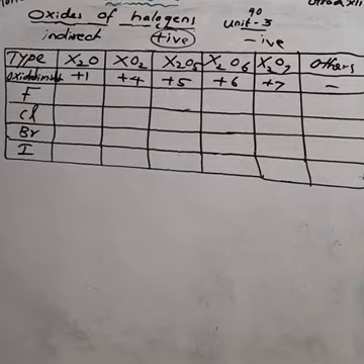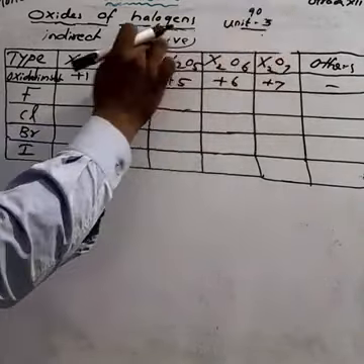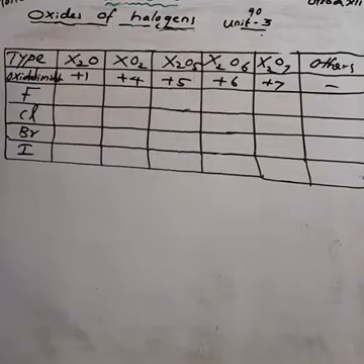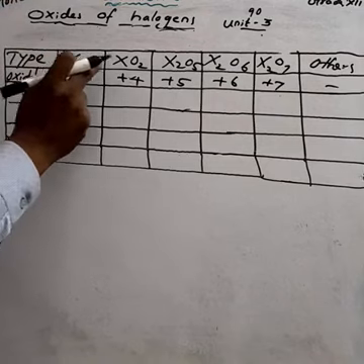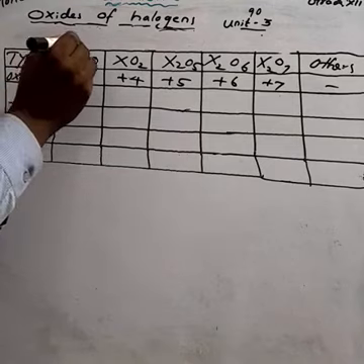Dear children, please look at page number 90. They have one tabular column. They have explained the types of oxides of halogen. Here there are 5 types. What are the 5 types?